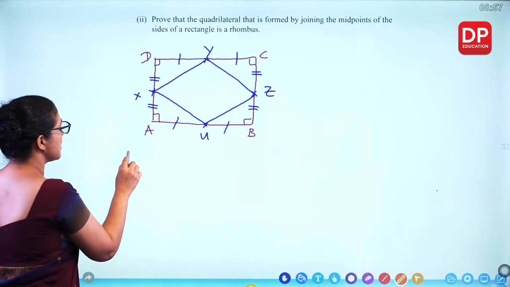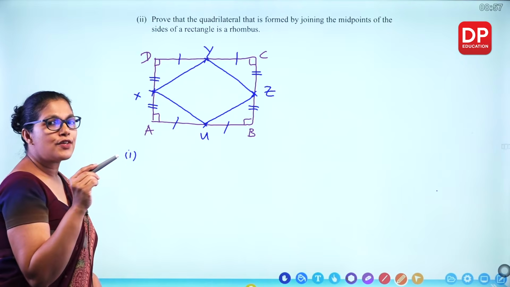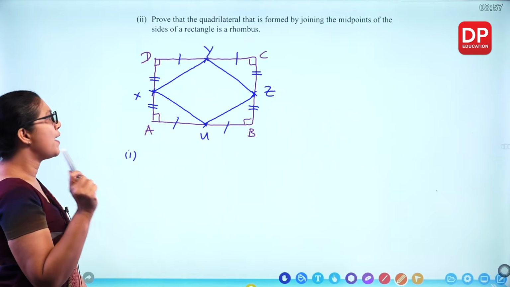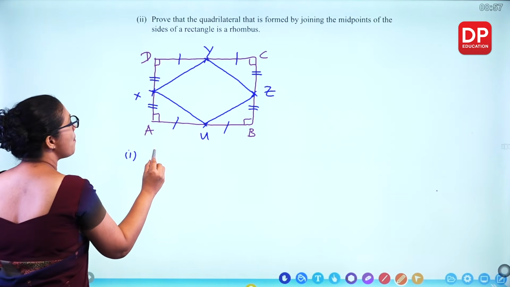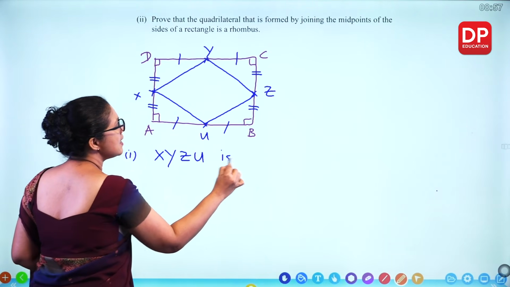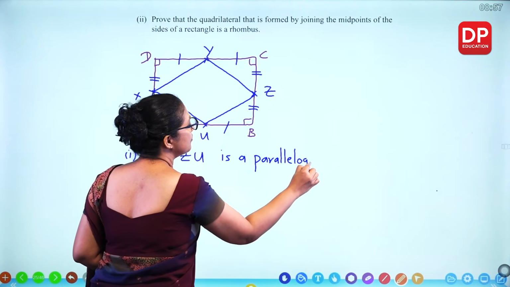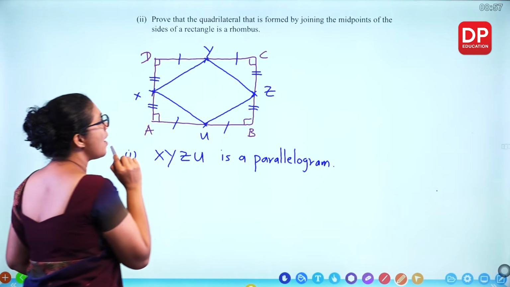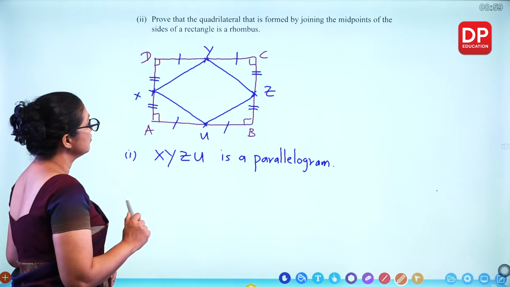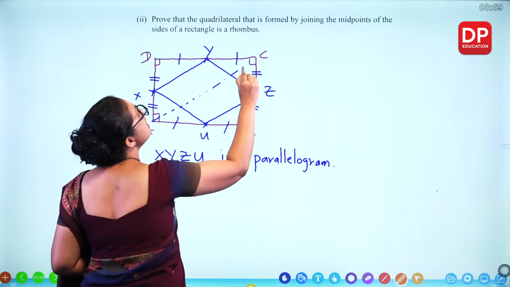From the first part, we found out when you take any quadrilateral and when you join the midpoints of the quadrilateral, you get a parallelogram. So straight away from part 1, I can write XYZU is a parallelogram. Now I have to show that the sides are equal. Now take the diagonal AC.